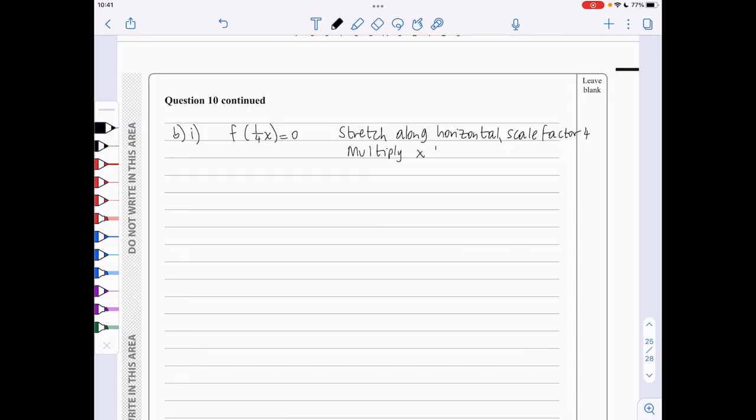So solving f of x is 0 means look at the cuts on the x-axis. So now we want to consider what the cuts on the x-axis will become. So the (3/4, 0) will become (3, 0) because x got multiplied by 4, and the (5, 0) goes to (20, 0). So the solutions are x is 3 and x is 20.